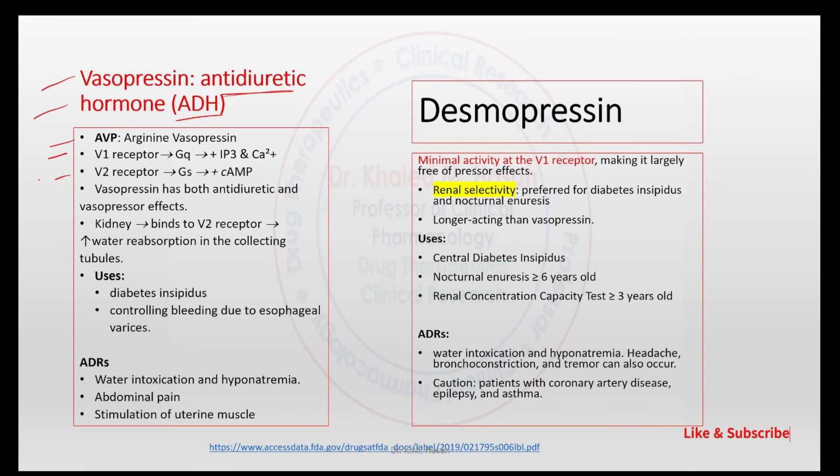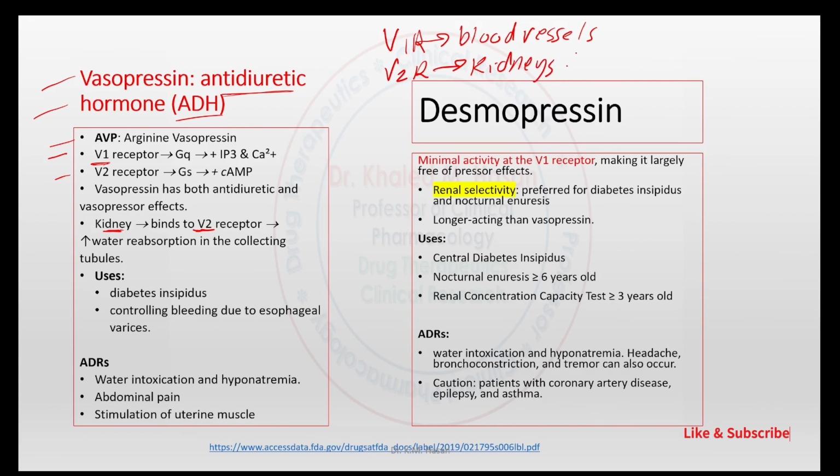V2 is mainly available in the kidney and is responsible for the reabsorption of water. V1 is mainly responsible in the blood vessels. So remember, V1 we talk about blood vessels, and V2 receptor is available in the kidneys.